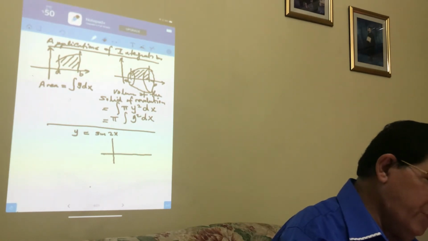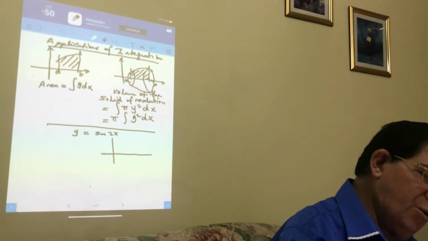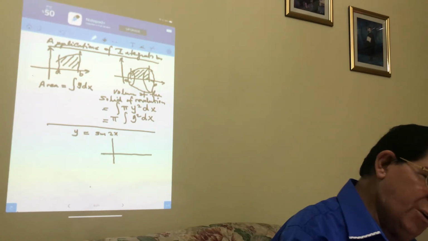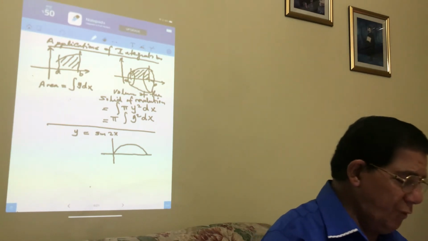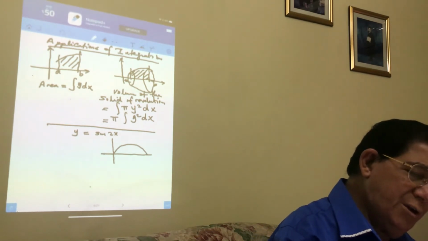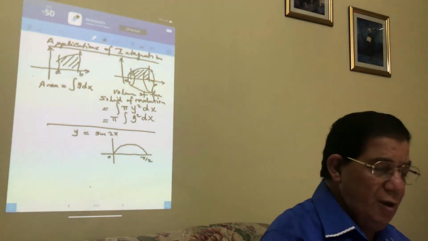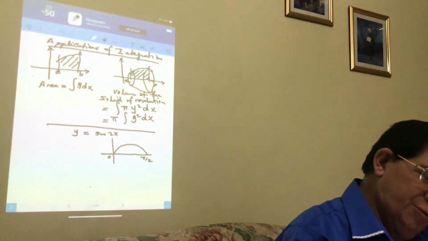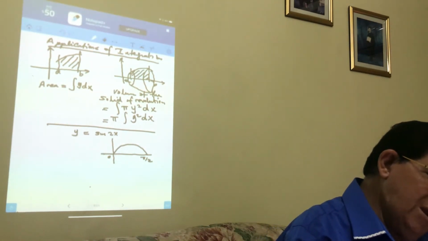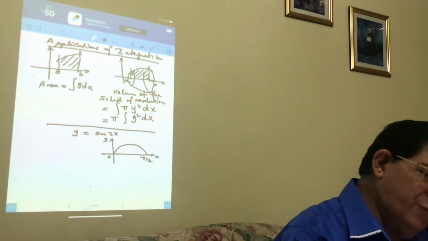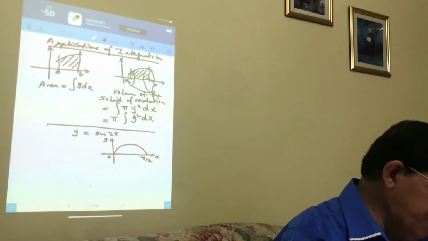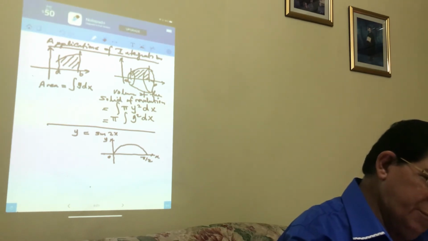When x is pi over 2, we get sine pi, which means the graph looks like this. Now x here is 0 and x here is pi over 2. We are asked to find two things. What is the area under the curve? Then what is the volume of the solid of revolution when this area is rotated?